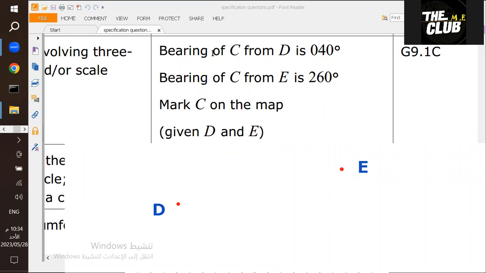First thing they said, bearing of C from D is 040. So from D it's going to be 040. You come to D, you make a north line like this, and then you find the angle 40. How do you find the angle? You put the protractor here, point on point, line on line.